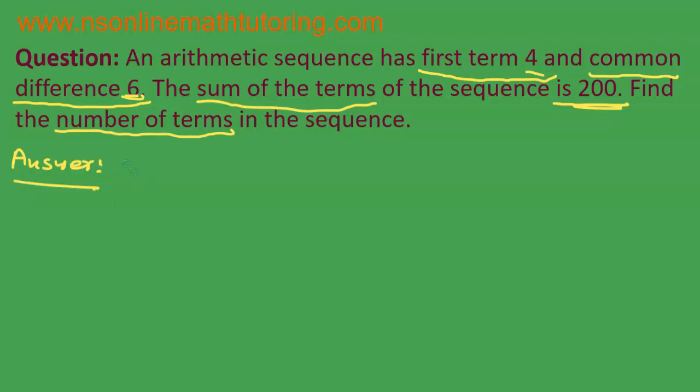The first term, that is u1, is equal to 4 and the common difference, that is d, is equal to 6.